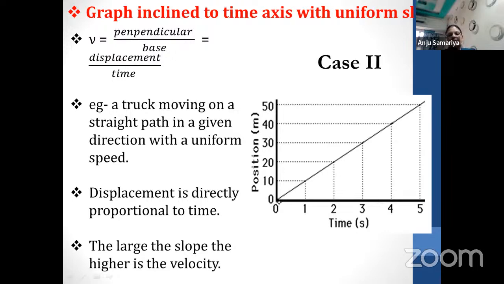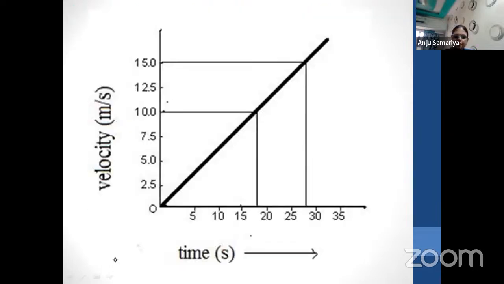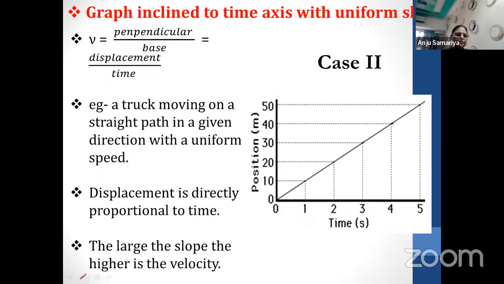If the graph had been like this, suppose it had covered 50 meters in 2.5 seconds, then the slope will change, 50 upon 2.5, so it becomes 20 meters per second.